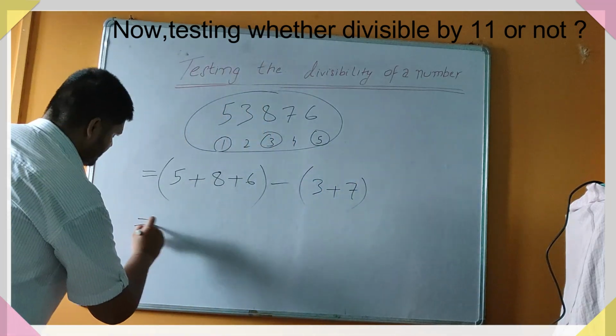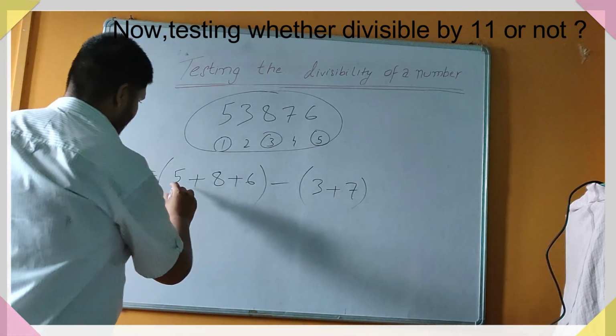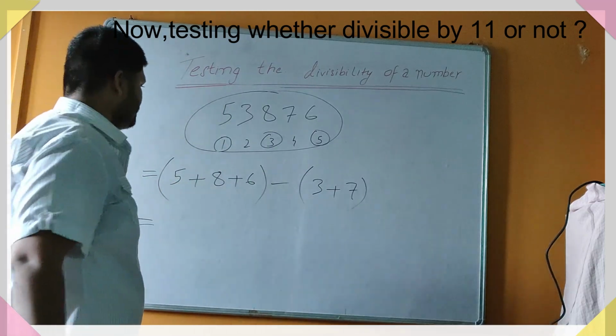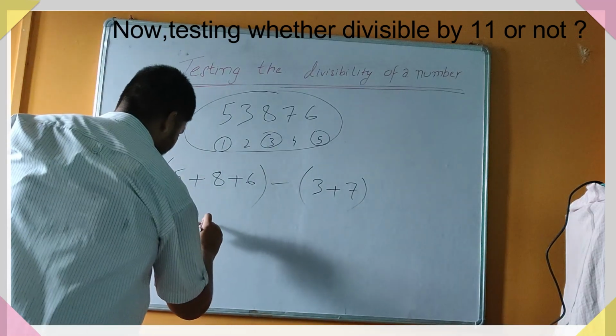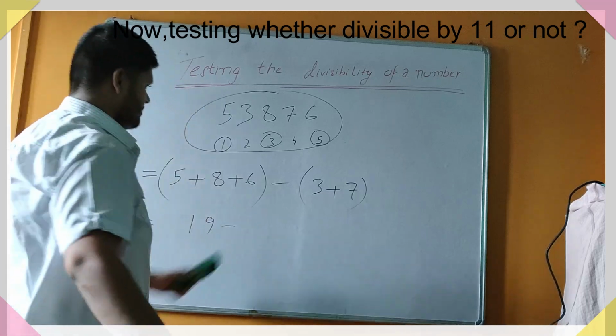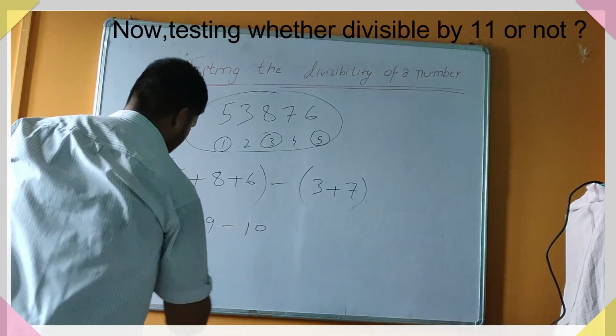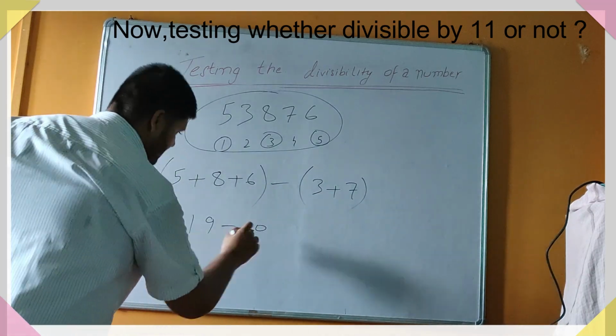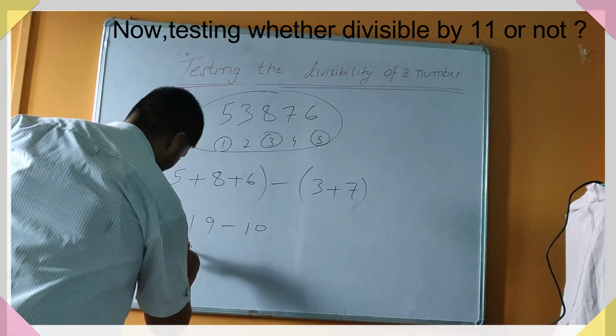So now simply you need to simplify. Here 8 plus 5 is 13, plus 6 is 19, minus this is 10. So 19 minus 10 is nothing but 9.